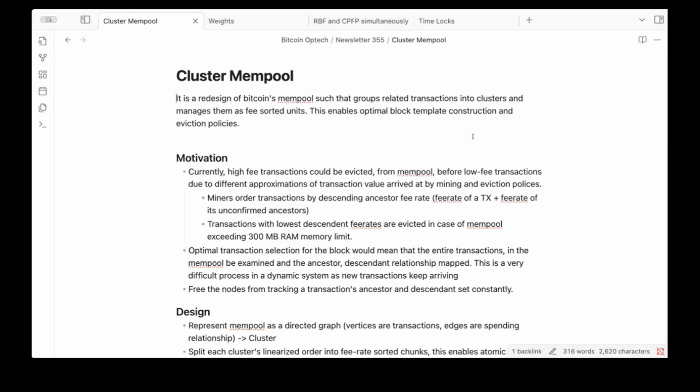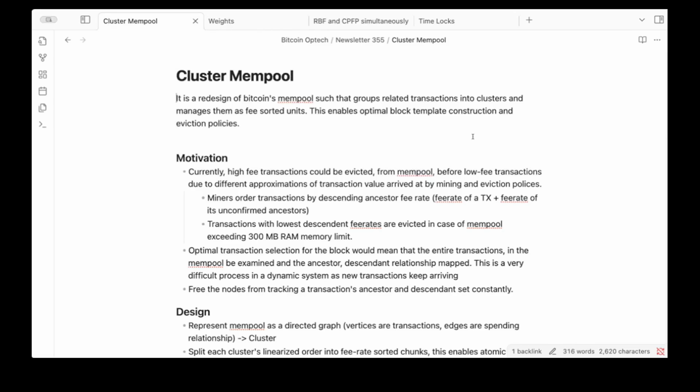Instead of having transactions float around in the mempool without any relation to each other, the cluster mempool design is a way to organize related transactions that are floating around in the mempool, and you add some sorting logic to these groups based upon their fee rate. This is the whole idea behind cluster mempool.